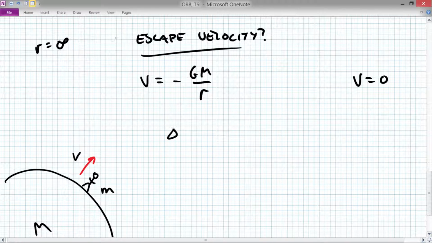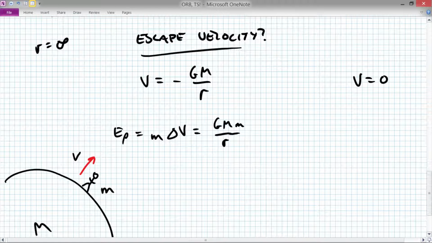So my change in potential is actually going to be this minus this. So I'm going to use up GM over r. How much energy is that in total? Well, that's just EP, which is m delta V, so that's GMm over r. That's how much energy I have to overcome.